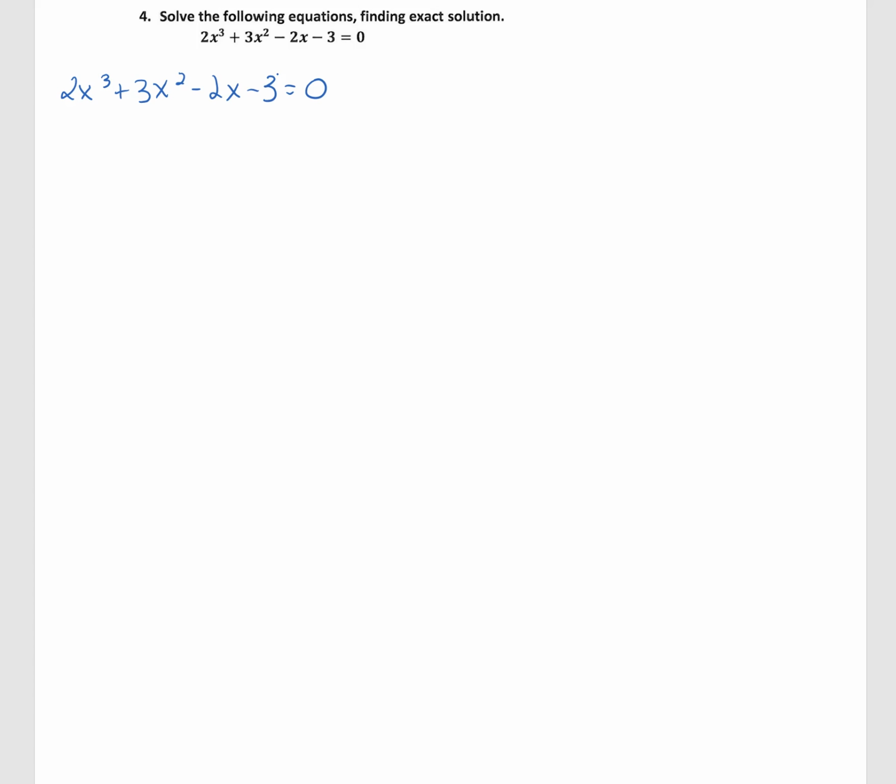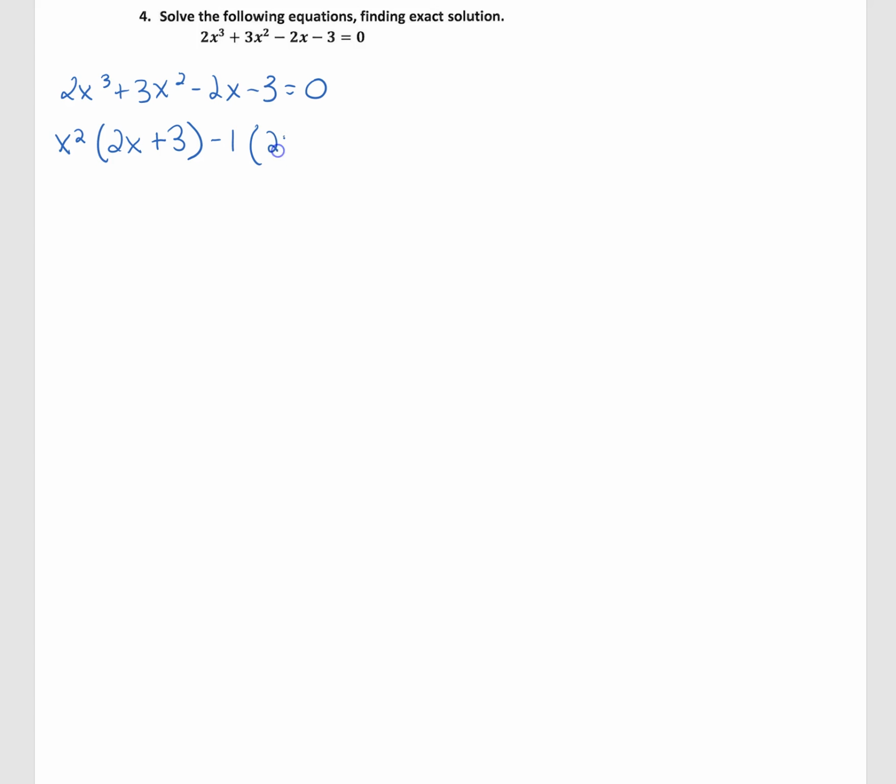To get 2x plus 3 from the first two terms, we want to factor out an x squared just from the first two terms. So factoring out x squared from this leaves us with 2x. Factoring out x squared from this term leaves us with a 3. For these two terms, we want to factor out a -1.